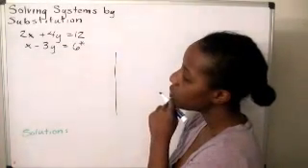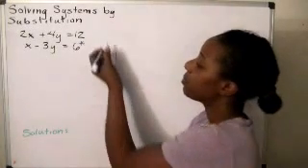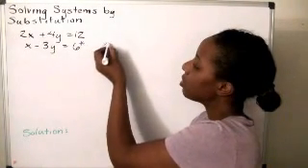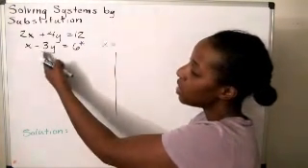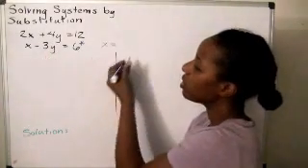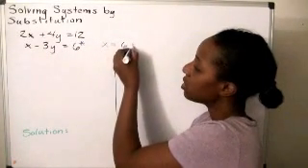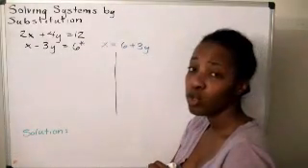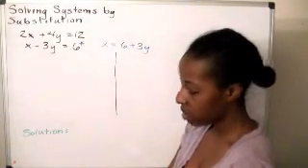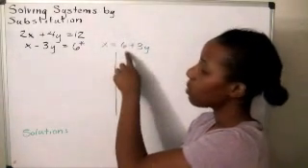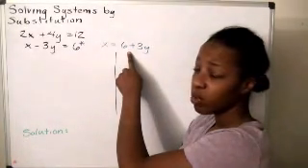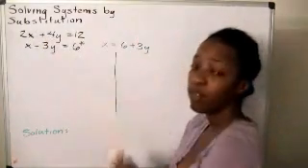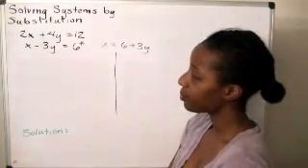And I'm going to make this one an x equals. So I'm going to take minus 3y and move it over to the other side. So now it's 6 plus 3y. That's going to be my new second equation now. Now that you know what x equals, remember we're going to substitute this expression into the first equation for x.